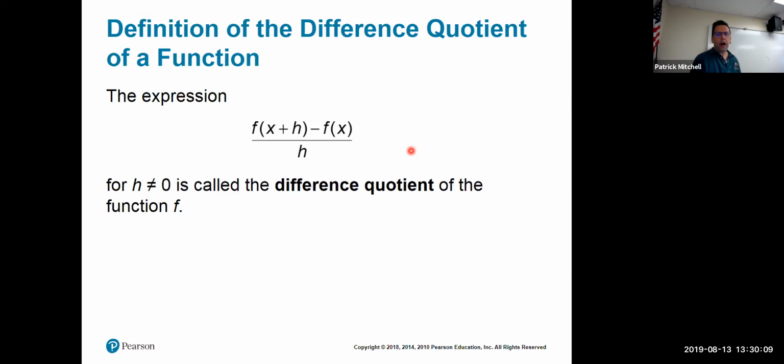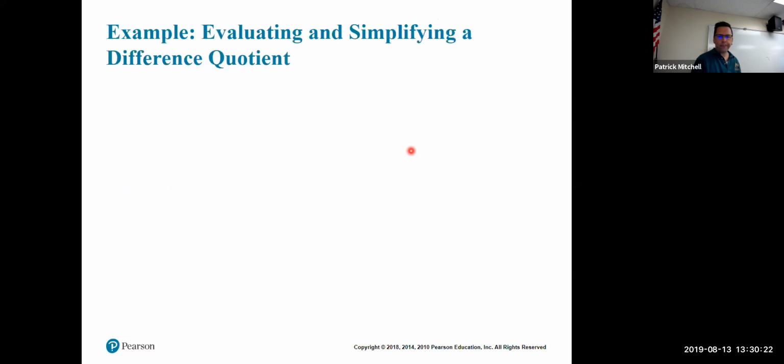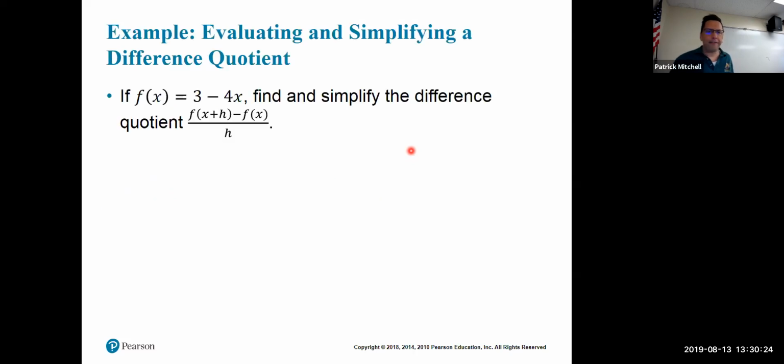Okay, what we're doing in this class is just practicing, I would say, the simpler examples of difference quotient. So the first example is f of x equals 3 minus 4x.